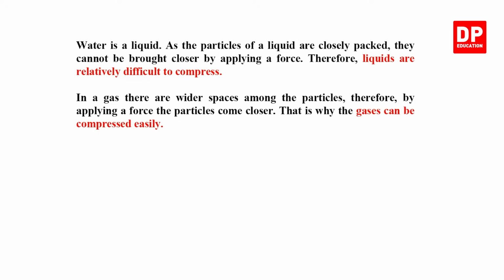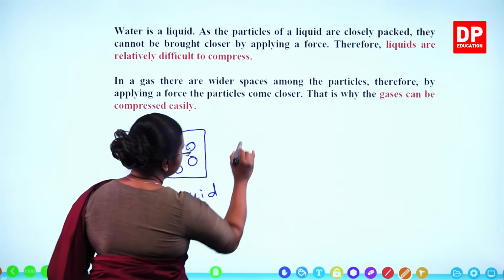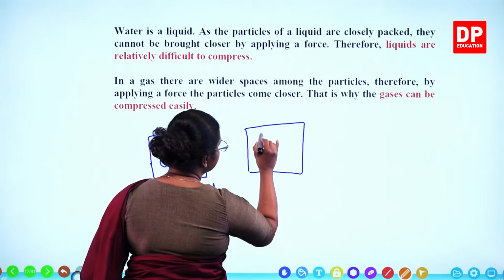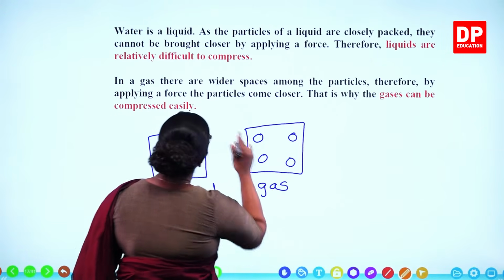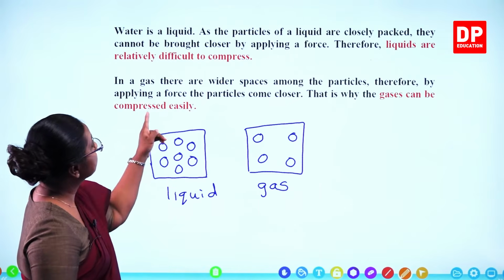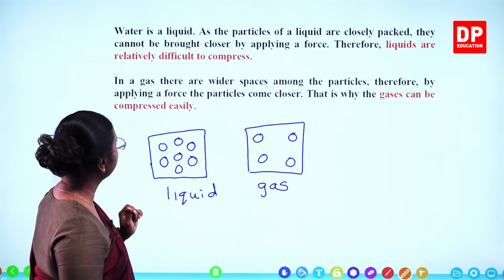So water is a liquid as the particles of a liquid are closely packed. So we discussed that before students. When you look at the arrangement, the particles are randomly arranged in a liquid, but still they are closely packed compared to a gas. So here if you take the gas, they are very randomly arranged. So that is what is given to you there. As the particles of a liquid are closely packed, they cannot be brought closer.